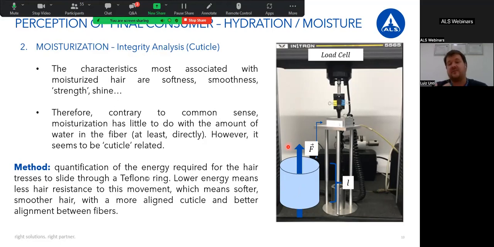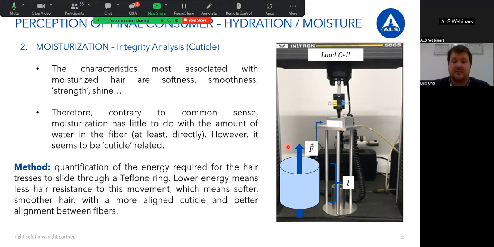If we need a higher energy, it means it is more difficult to pull the truss. And this is related to the alignment of the fibers and the cuticle.